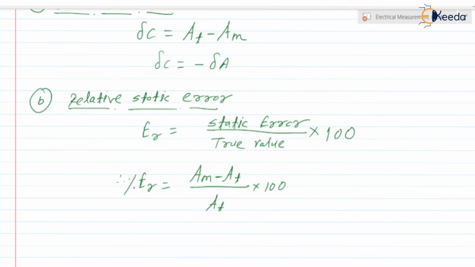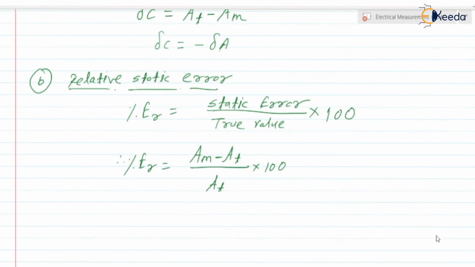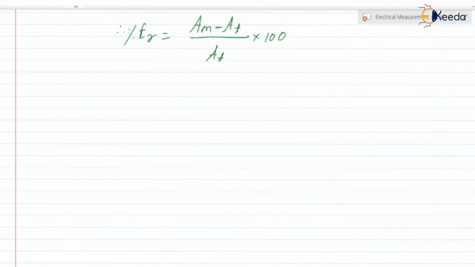So it will give the percentage relative static error. Is this clear? Okay, this is the second factor related to the static error. Now after the static error, we are going to discuss the accuracy. Second characteristic is the accuracy.